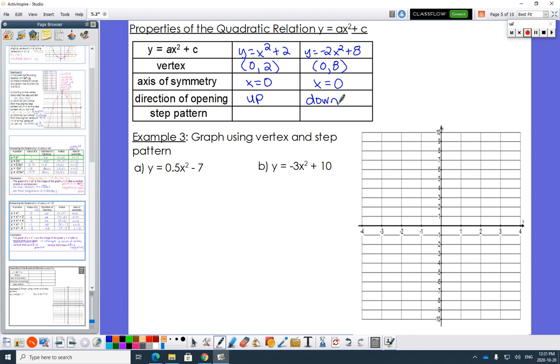And then decide for yourself if you need or want to show the multiplying work for the step pattern, or you can just write 1, 3, 5, 7, and then the second one is -2, -6, -10. Maybe you can just do it in your head. It's up to you, okay? Actually, there's a little bit of space here, so I'm going to show my work, okay?